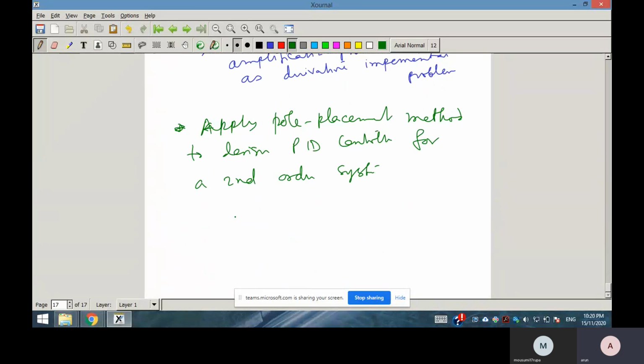Suppose your G(s) equal to (B2 s plus B1) divided by (s square plus A2 s plus A1). Here you can easily see that if you add a PID controller, then the closed loop pole polynomial will be third order. In PID, how many tunable parameters are there? 3. So you can achieve pole placement.